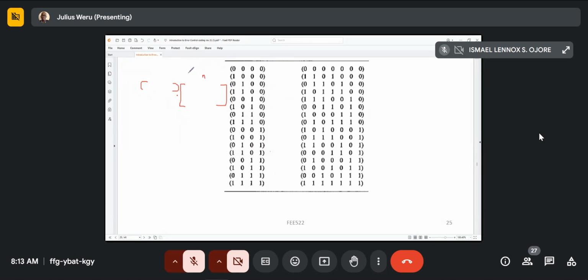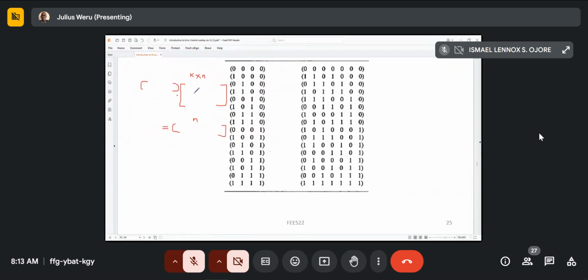This is a k by n matrix. It has k rows and n columns. Then you are going to get a code word of n bits.